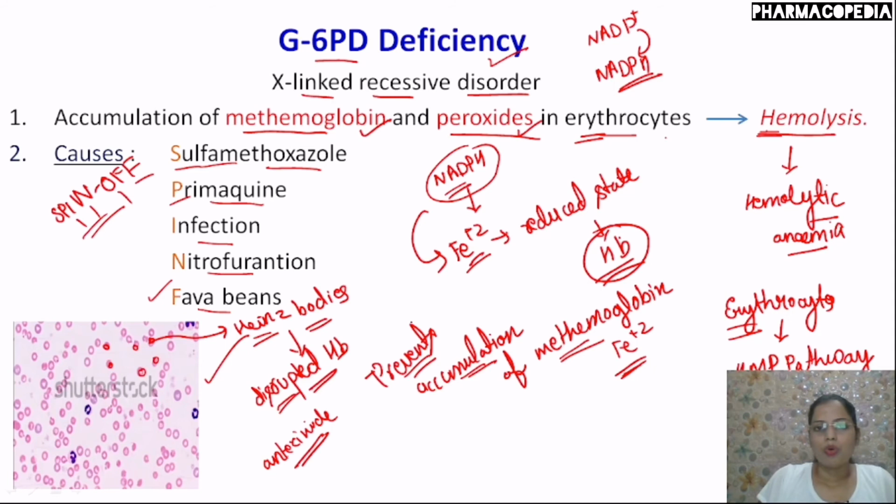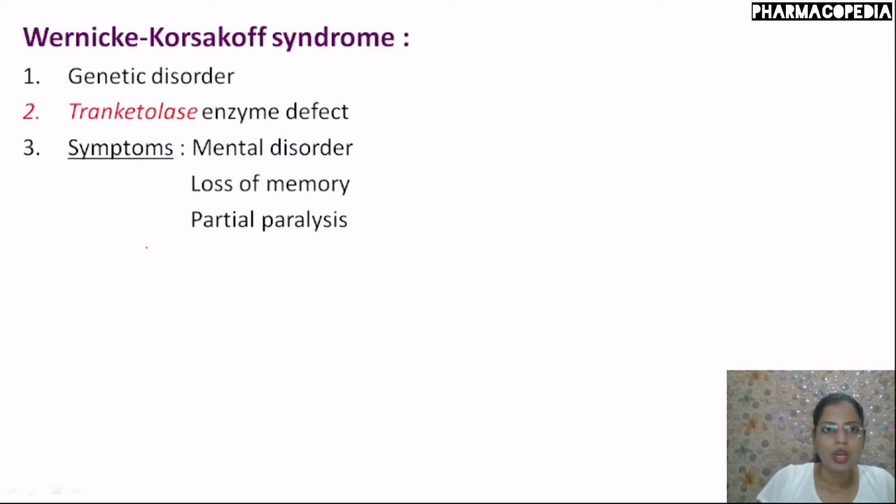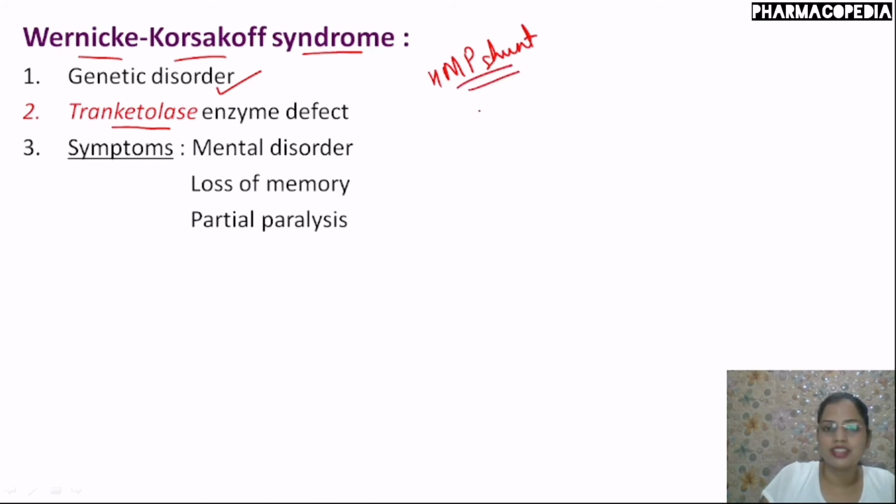Yes. So moving ahead to the next slide, or last topic of discussion, which is the Wernicke-Korsakoff syndrome. So what is this Wernicke-Korsakoff syndrome? It is basically a genetic disorder which occurs due to an alteration in the enzyme transketolase. Transketolase enzyme के बारे में मैंने आपको बताया था Simplified pathway में कि this transketolase enzyme is in great association with the thiamine pyrophosphate.